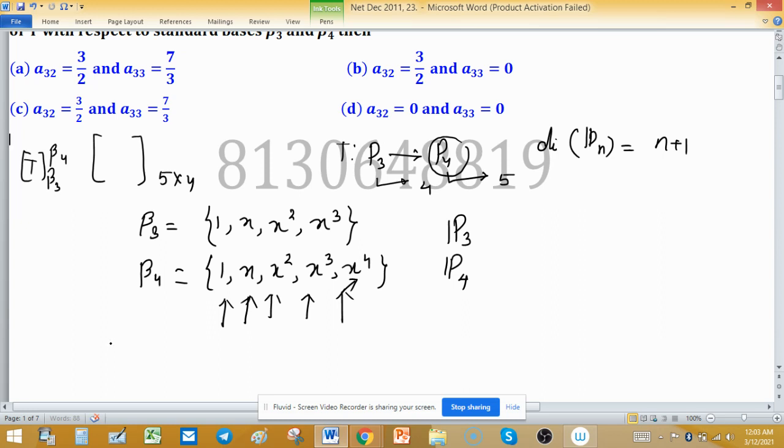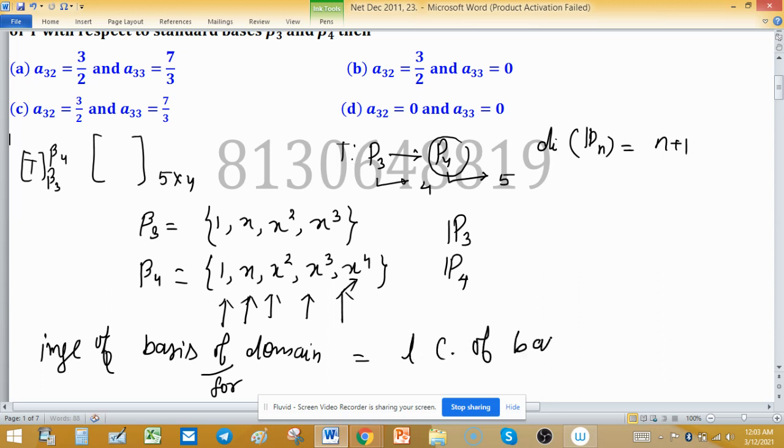So the concept to write the matrix representation for a standard ordered basis is to write the image of each basis element of the domain as a linear combination of the basis of the codomain, because the image will go in the codomain.